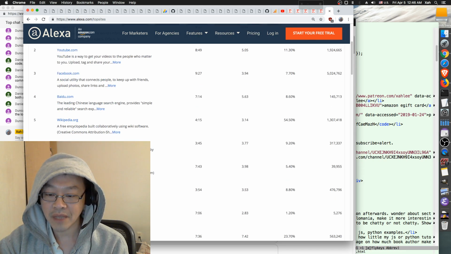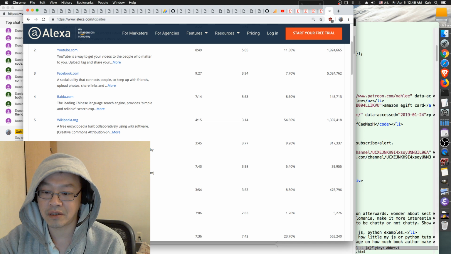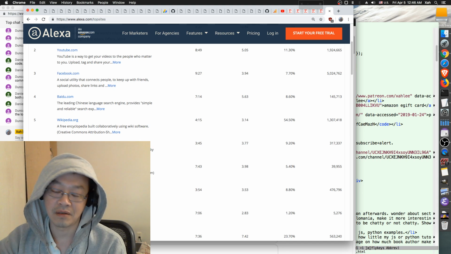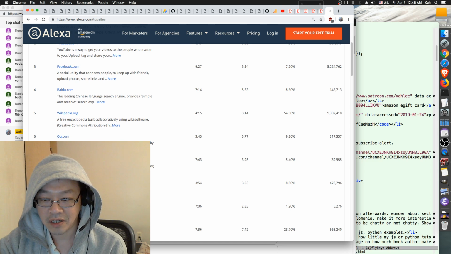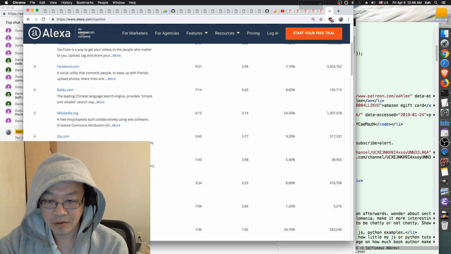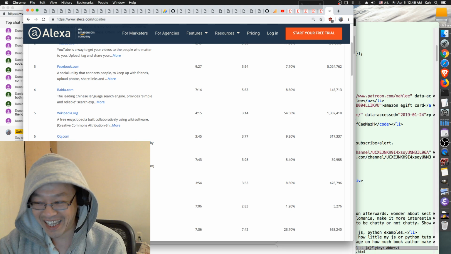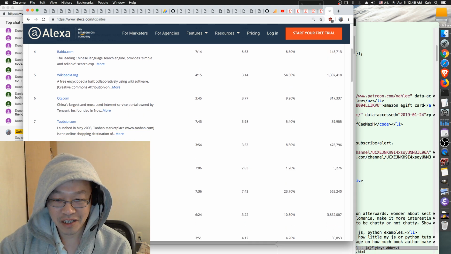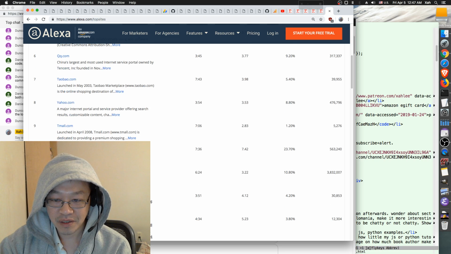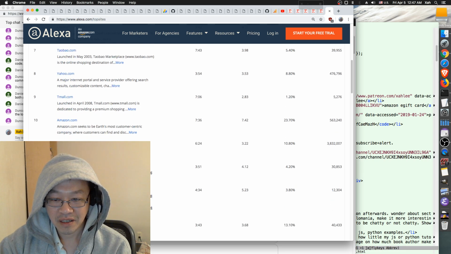Okay, Amazon has a Chinese version as well, but Taobao is the most popular. You buy things in China. And Yahoo, well, Yahoo is still #8. You don't hear about Yahoo these days. Tmall is another shopping site in China. Amazon is #10. Twitter is #11. Sohu is another search engine in China.